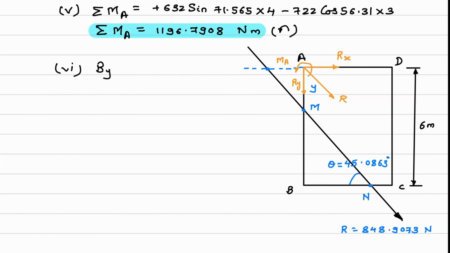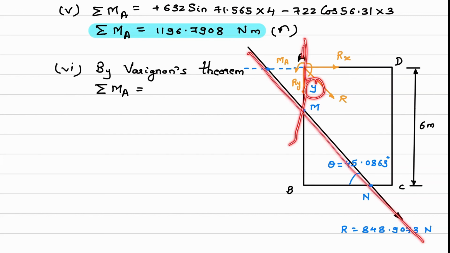By Varignon's theorem, we can write summation of moment about point A is equal to... Now what I'll do is calculate first this y. This is the y-intercept, right? Wherever the resultant cuts the y-axis, that will be y. So we'll calculate this y-intercept.